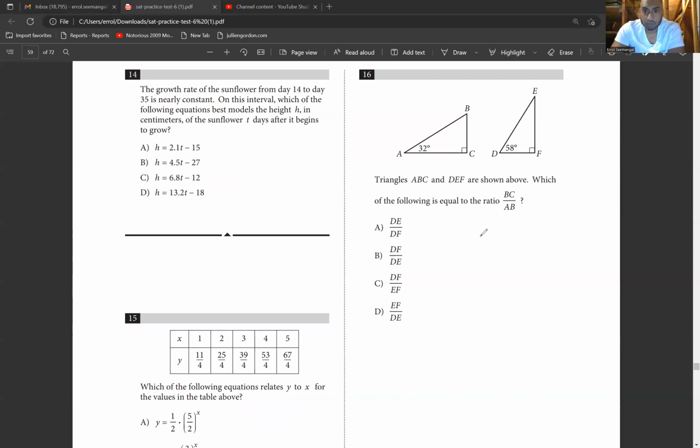Which of the following is equal to the ratio BC, which is this, over AB? We're shown which of the following is equal to that ratio.